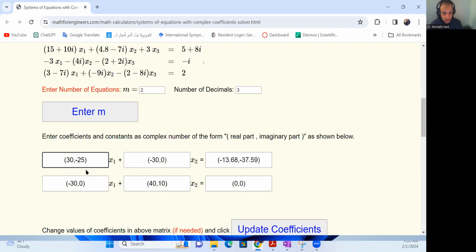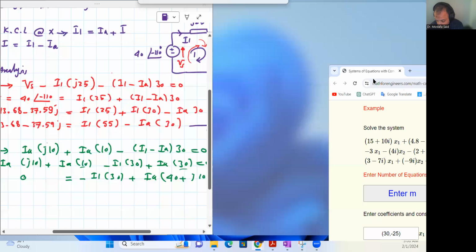You will not write J or I here to represent the imaginary part. Instead, the order is important. In this parenthesis, the first element is always the real part, and the second element is the imaginary part. So let's explore our equations and see how to write that.